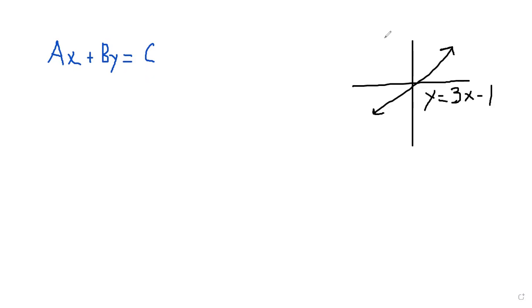And notice that this equation has an X in it and a Y in it, and that we can graph it and make a picture of it in this line here. Now, this is called the standard form of equations. Now, we want to change this to what's called the slope-intercept form, which looks like this.